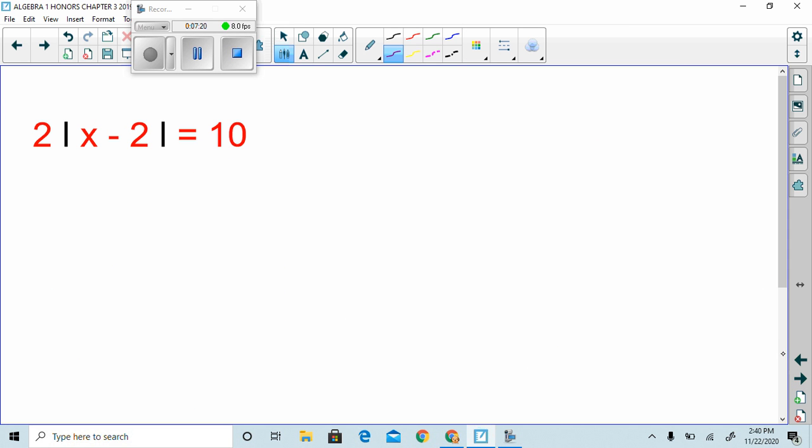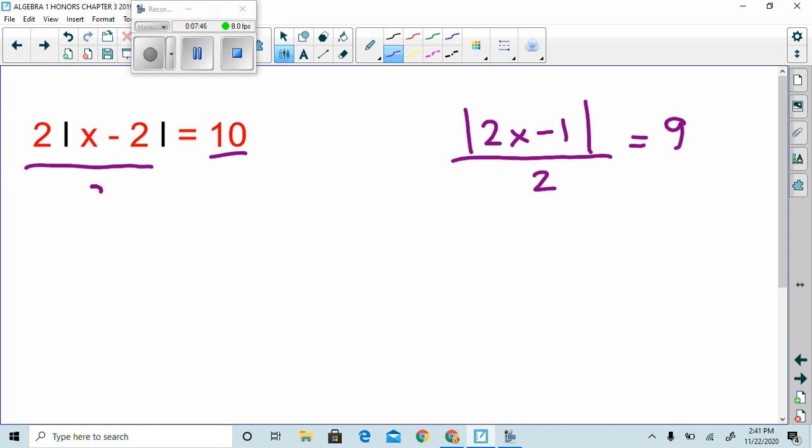Let's just try one or two more, and then we'll give you some time to practice on your own. Try this one, and then we'll also try one other. On the left, we're going to divide again by 2 to isolate the expression.